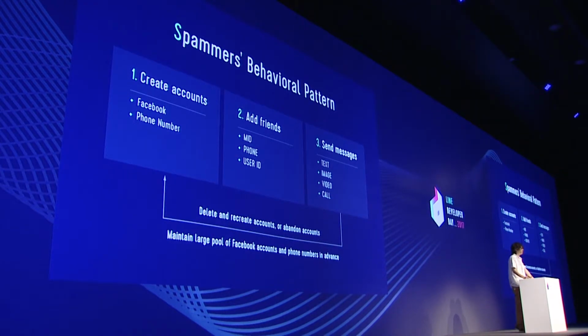And you may think that phone numbers are quite difficult to obtain, but there are many cases, especially overseas, where phone numbers can be obtained in large volumes, and they don't cost too much. Those are the phone numbers used to create spamming accounts. Once they get blocked, they'll come back and create a different account. So this is a cycle.